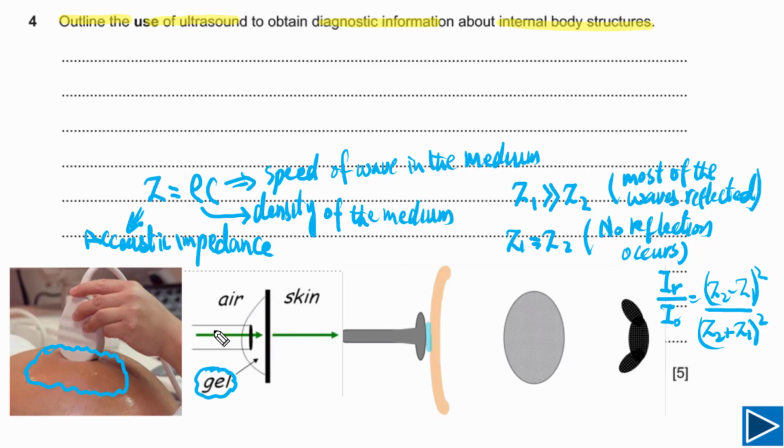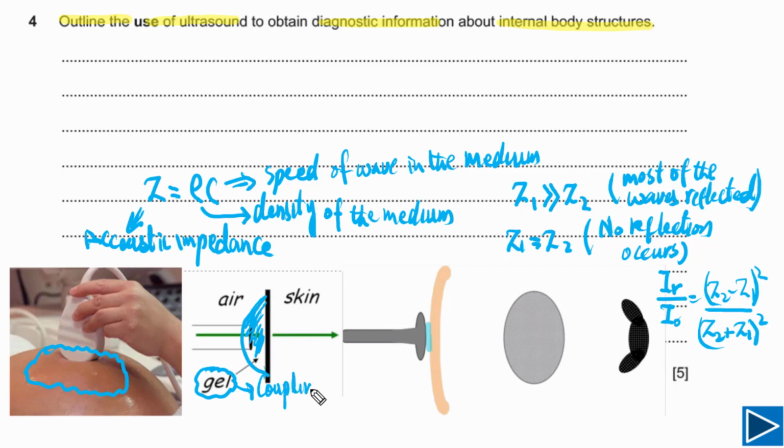Let me explain this with the help of this very simple figure. You can see this is the gel. Actually this is the boundary of the gel, and you can see all of this is gel on the skin, and this black line is representing the skin. Why do we need to apply this gel? This gel is acting as a coupling medium.